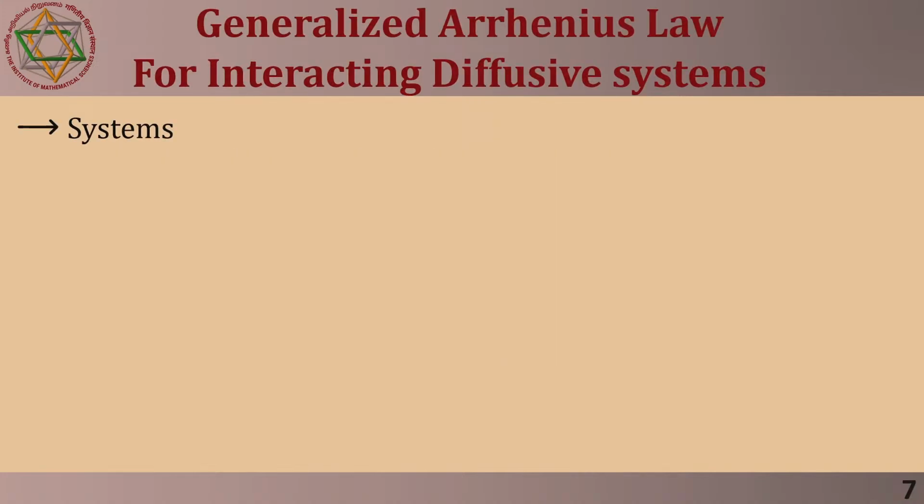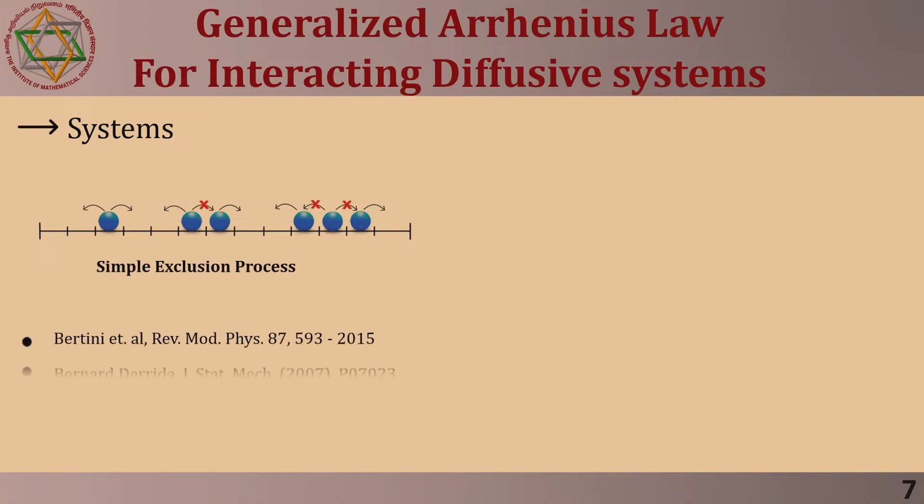So, what kind of system are we talking about? The system is diffusive. By that I mean the system needs to obey Fick's law, and one example of the system that we took to understand the generalized Arrhenius law is the simple exclusion process, where a single site can be occupied by at most one particle, and a particle can hop to its nearest neighbor given the target site is empty, otherwise it will stay put.